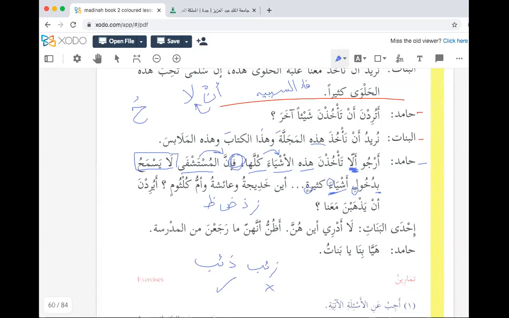What a beautiful language. I mean, mashallah, look at this. So nice, isn't it? This is noon shadda, noon shadda, noon shadda, noon shadda. Four noon shaddas. Each one has its own place, its own purpose, its own reason. لا أدري أين هن. I don't know where they are. أظن أنهن ما رجعنا من المدرسة.